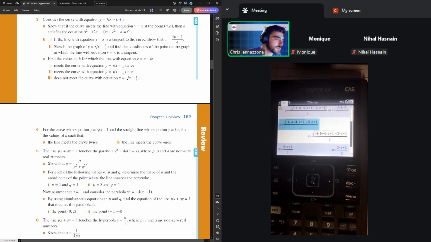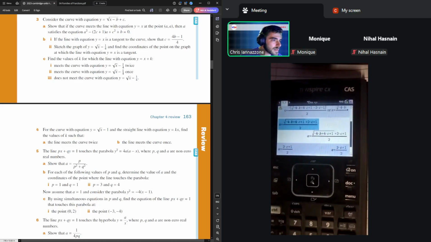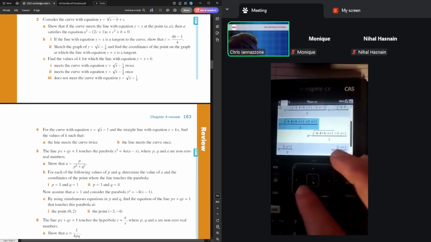Oh, actually, it could also just be using the equation we just created in part A. If y equals x is tangent, then we could do like a discriminant thing on that and only get one solution off there. But maybe we'll play with this a little bit more.